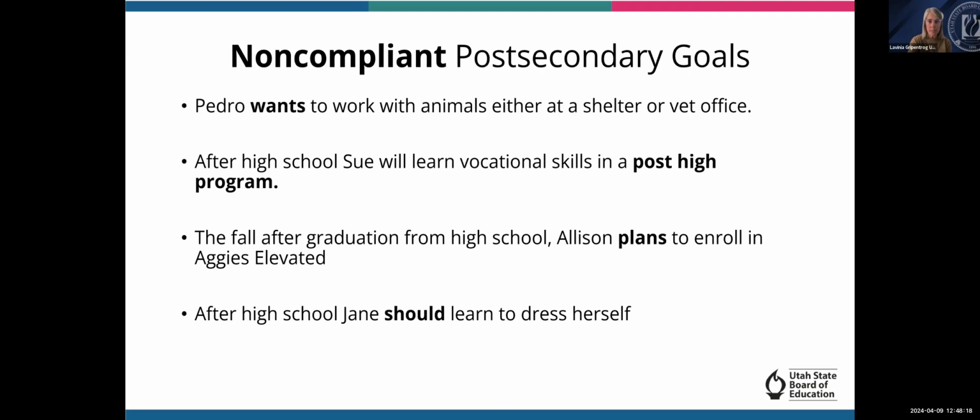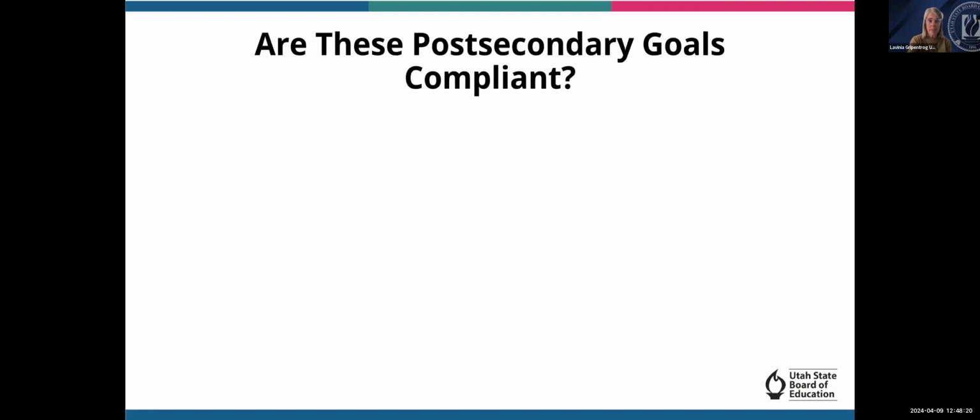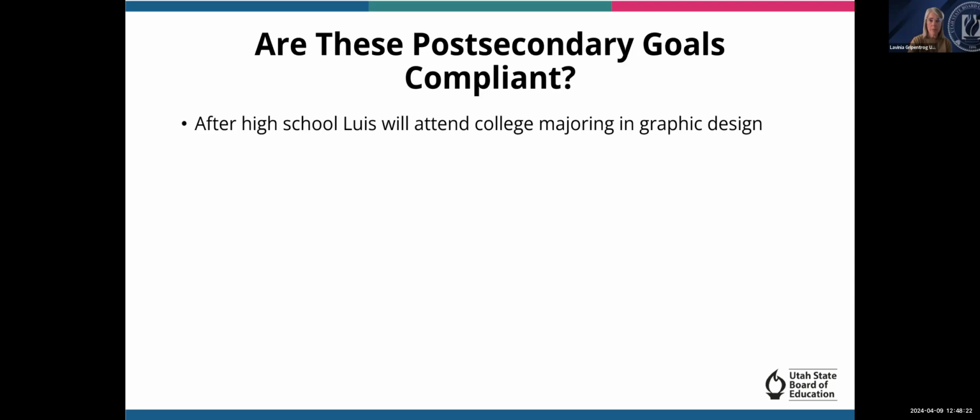So those are non-examples. And now I'm going to throw some out there and see if you can identify if they are or are not compliant. After high school, Luis will attend college majoring in graphic design. So it's got that after high school statement, and it's got active language, and it says exactly that he's going to go on to college and even what he's going to major in.